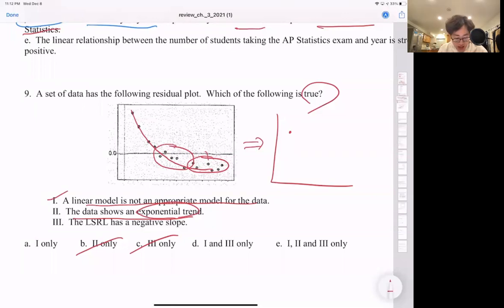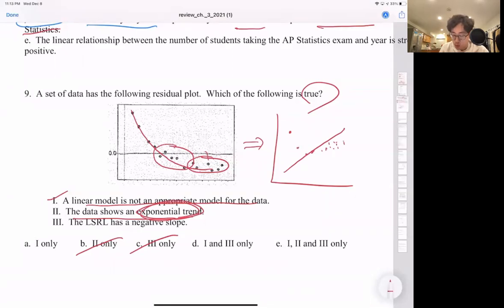So it says that it contains an exponential trend for some reason. But I want to show you guys that even with a positive slope, just to prove that the 3 is also one of those things that can happen. So positive slope means that I can have dots that are below the line like this. And also, there's a couple of points right here that are positive. And it could look something like this.